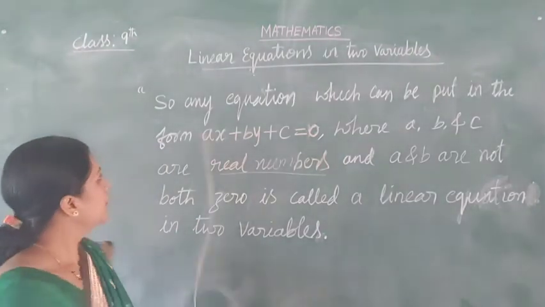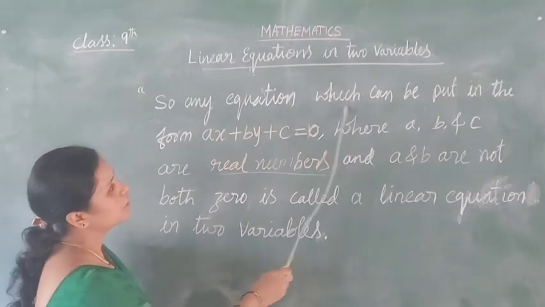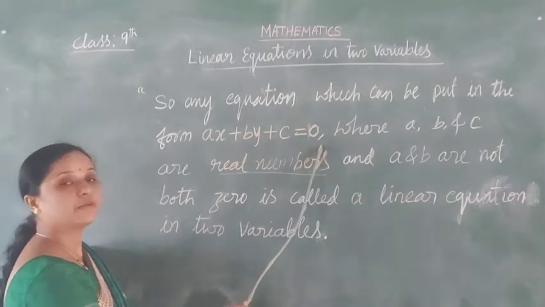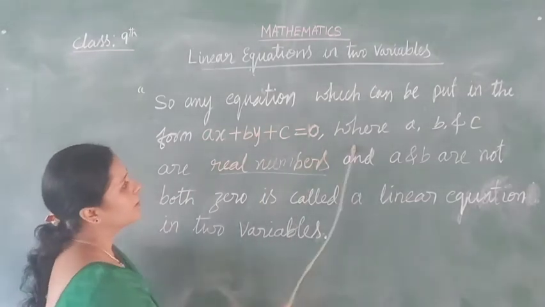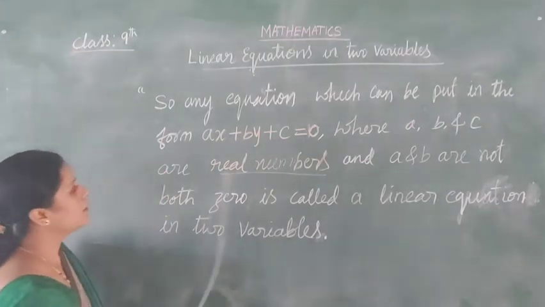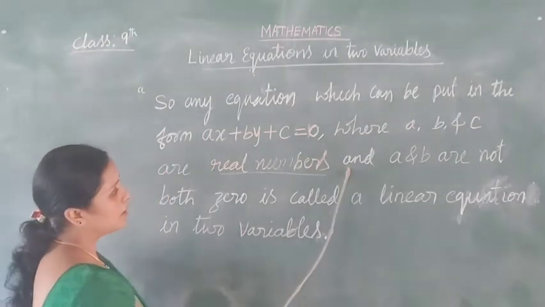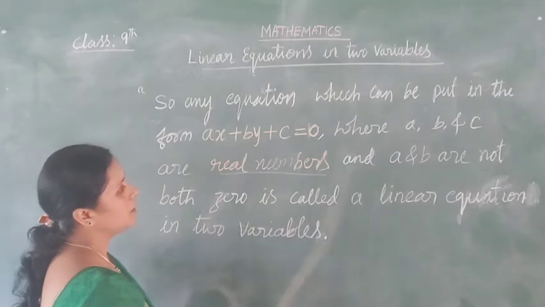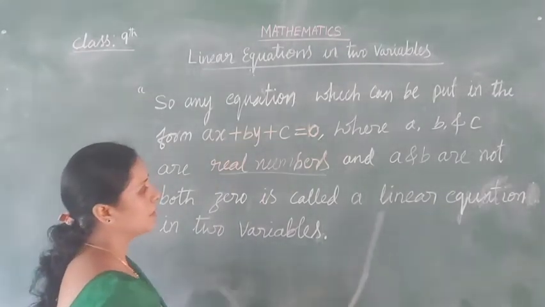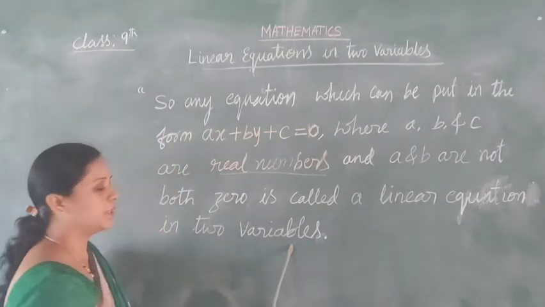So any equation which can be put in the form of ax plus by plus c equal to 0, where a, b, c are real numbers, and a and b are not both 0, is called a linear equation in two variables.